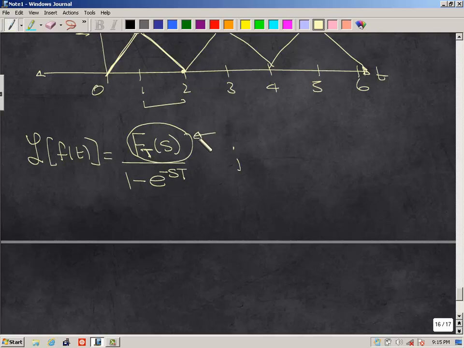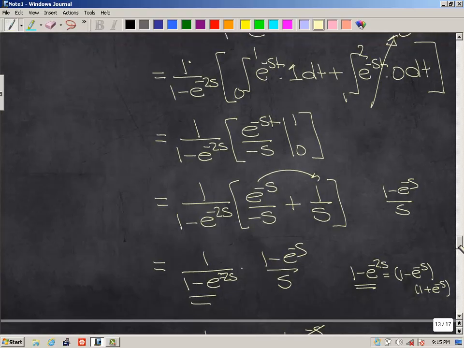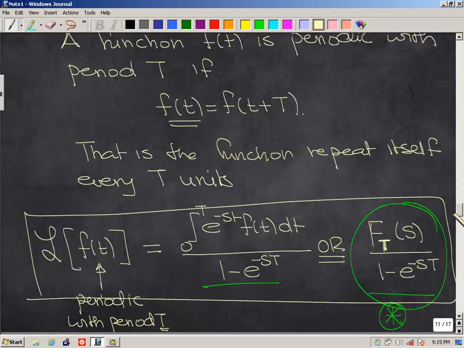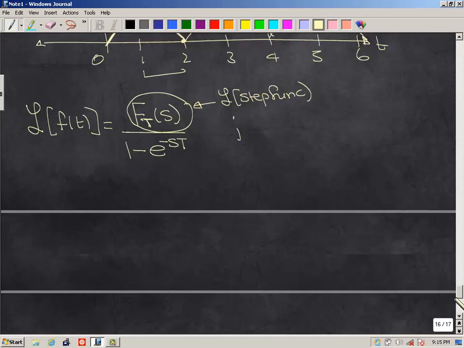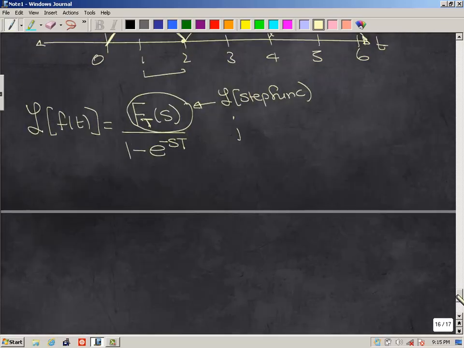So this is the Laplace of the step function. I might want to write that down here. Maybe that'll help you guys. So over here, this guy is the Laplace of the unit step function.